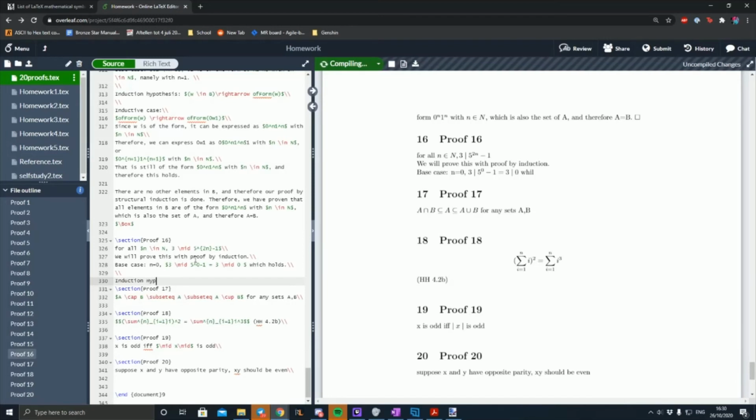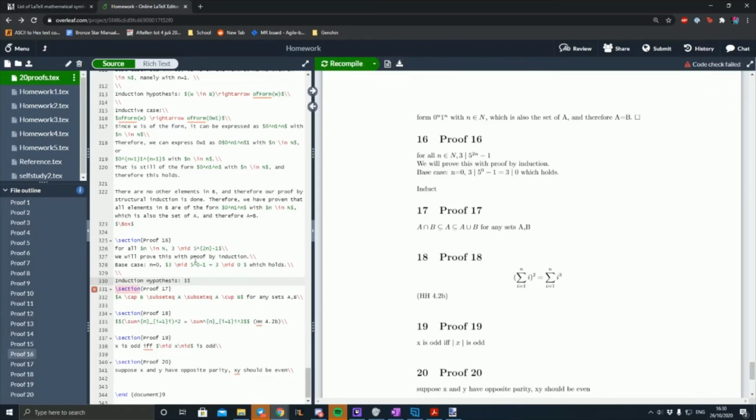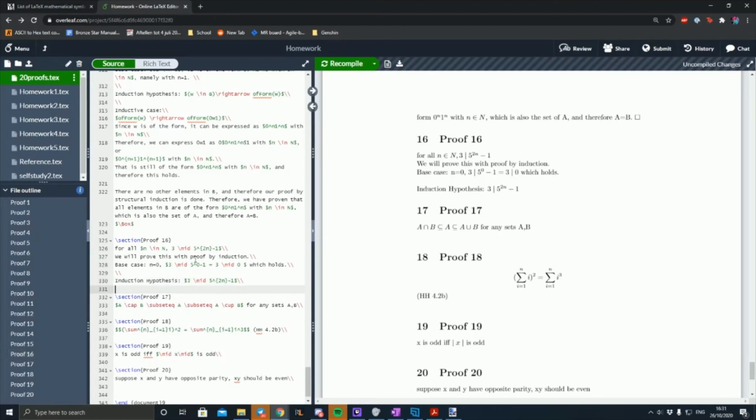Induction hypothesis: say the induction hypothesis is this, which can be rewritten as this.